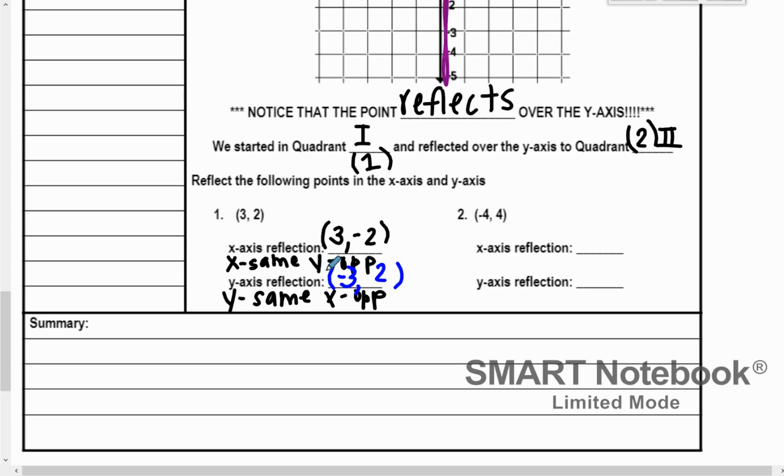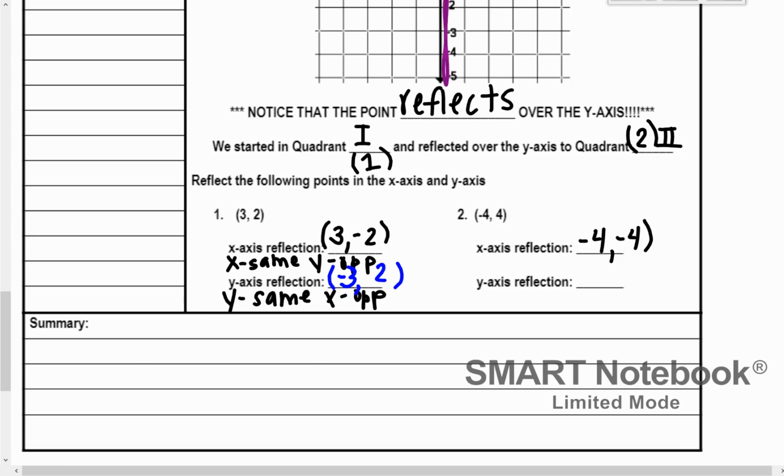Now I want you to pause the video, try number 2 on your own, and then resume the video to check. All right, if you are watching right now, that is because you should have already paused the video, and you should be resuming to check your answers. For the x-axis reflection, our x stays the same, which is negative 4, and our y is the opposite, which is positive 4, the opposite of negative 4.